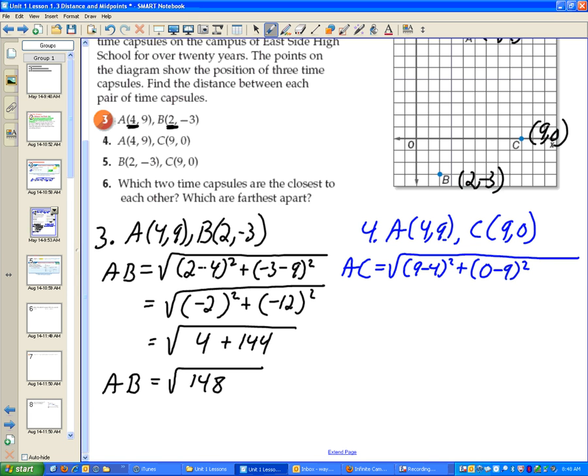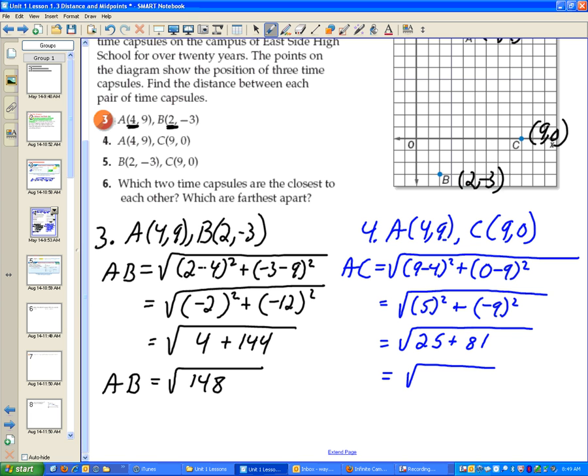So usually the hardest part of these is the substitution. So if you are doing the substitution right, we're in good shape. We good on that? All right. Now, make sure you work inside the parentheses first. 9 minus 4 is 5. 0 minus 9 is negative 9. Now I've got to square those. So I'll get 25 plus 81.